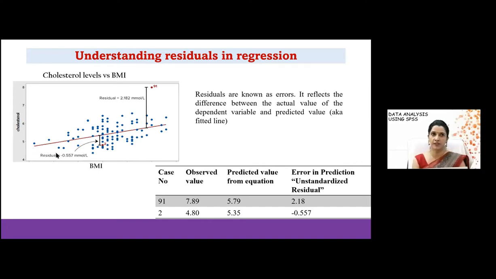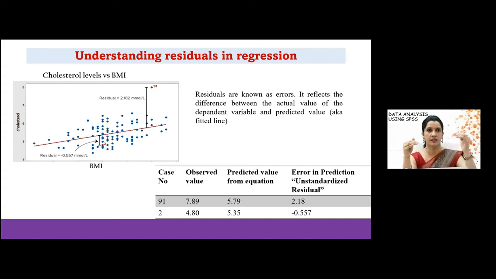These are the two variables. Now you can see there is a straight line, and there are many blue dots. So this straight line is the predicted value of cholesterol based on the BMI value. And these dots which you can see are the observed values.